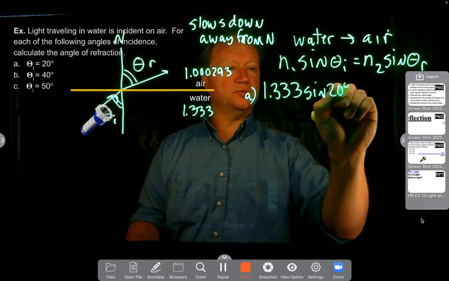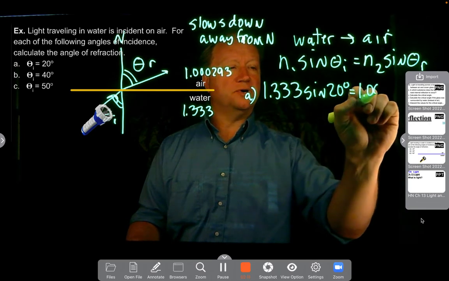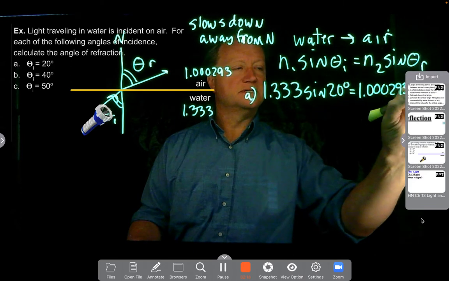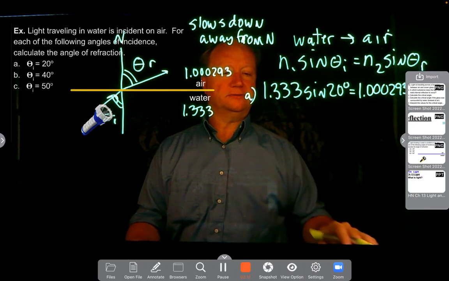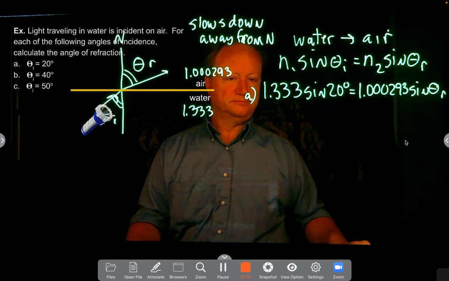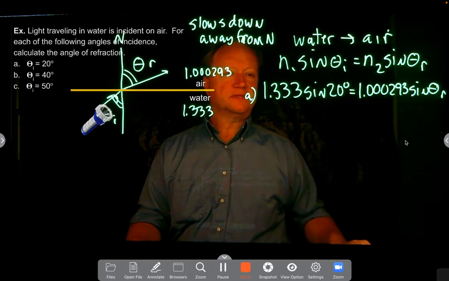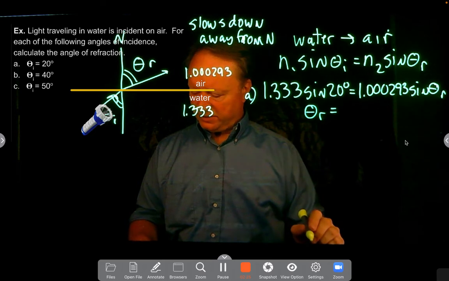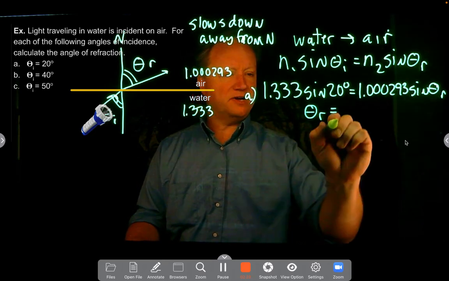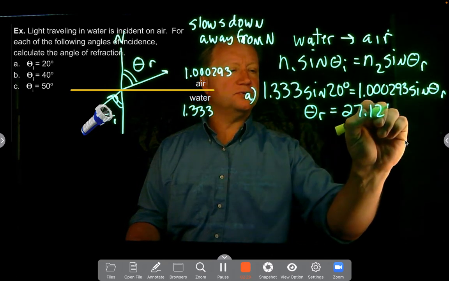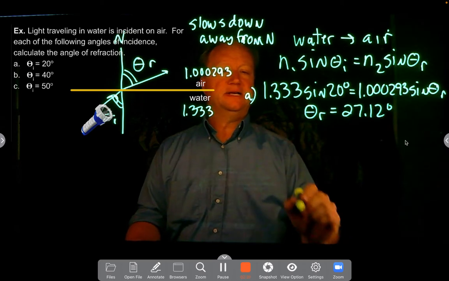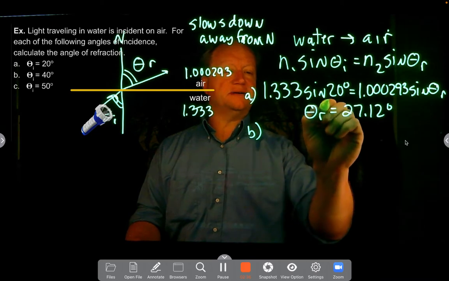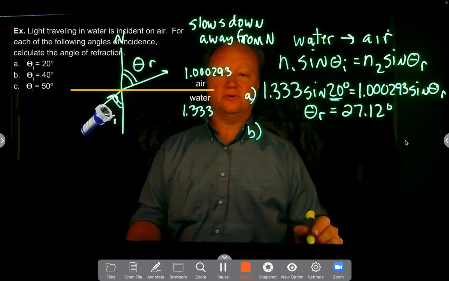So 1.333 sine 20 degrees equals 1.000293 sine theta r. If we do the math and solve for theta r, we're going to get a value of about 27.12 degrees.